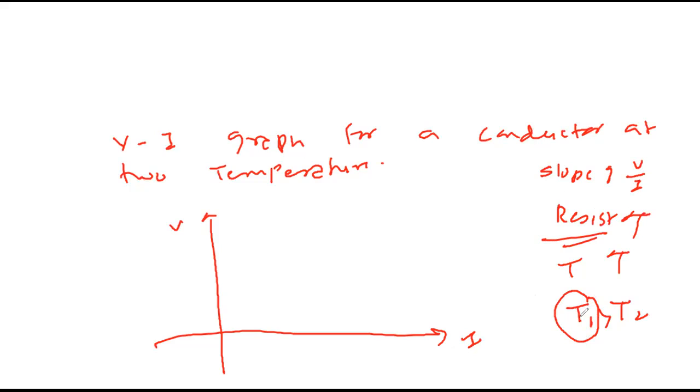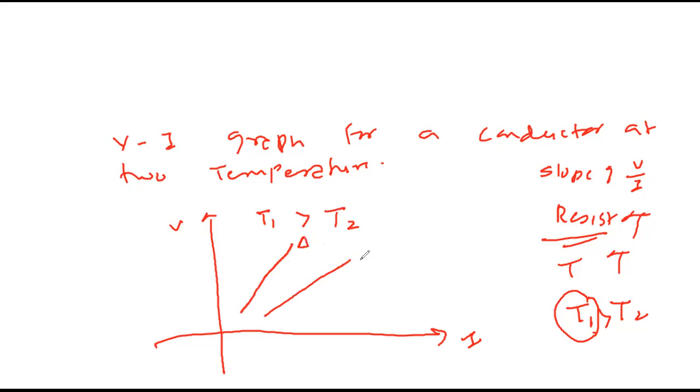If slope is greater, that means it will make a larger angle. So if T1 is greater than T2, then the graph should make a larger angle and the other graph a smaller angle.